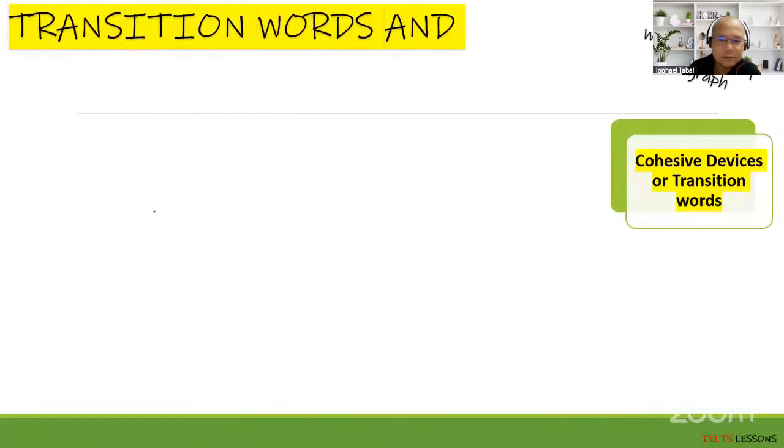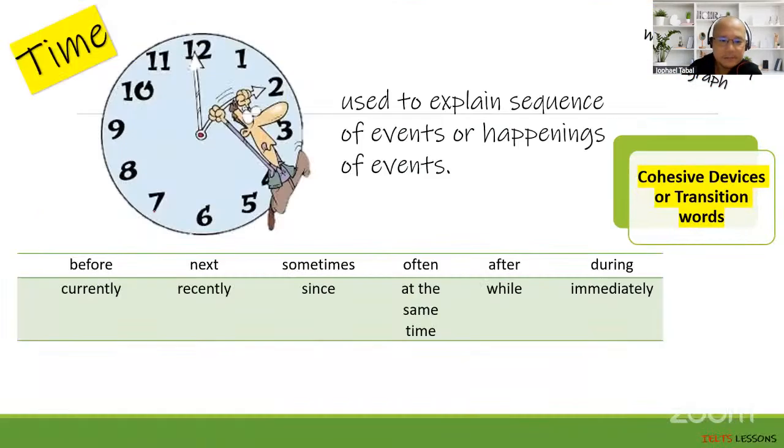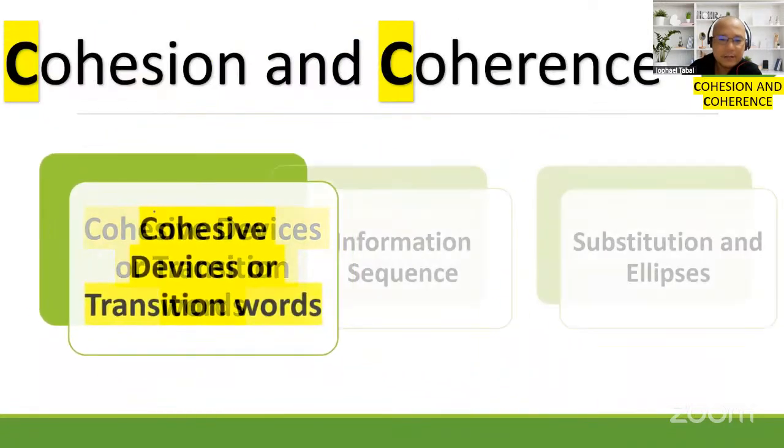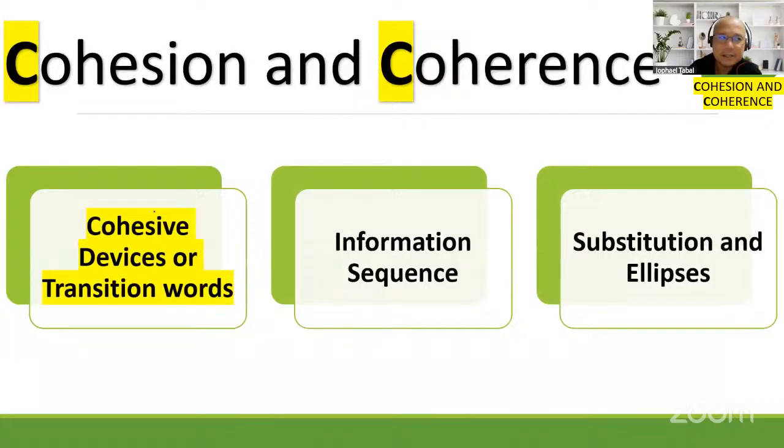So the basic one is the transition words. And I think I understand your approach or method. I think you use information sequence, but you just don't have the term. I think that's correct.